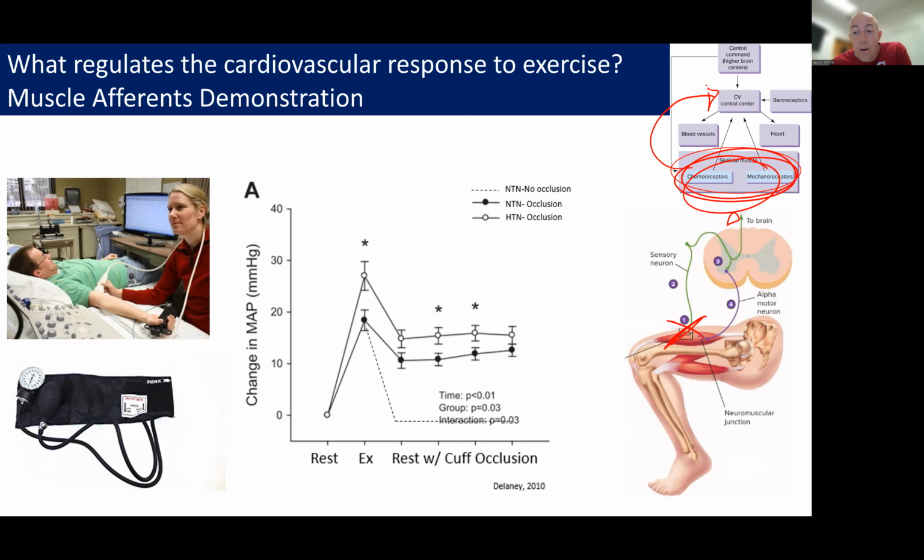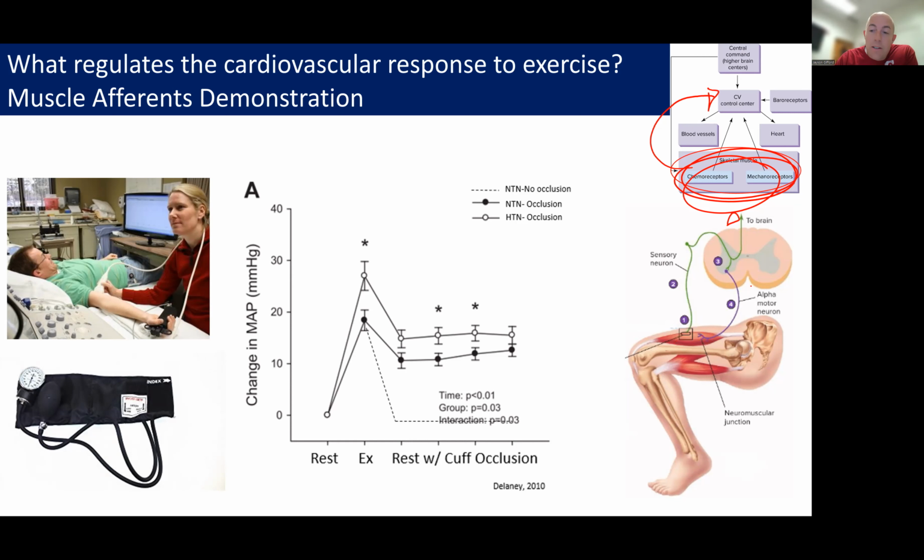Like they just don't know. This cardiovascular control center doesn't know what the muscle is seeing. And as a consequence, the heart rate, the blood pressure, and the blood flow response are lower, and they get less oxygen down to their muscle than they need. And so their exercise performance is impaired.